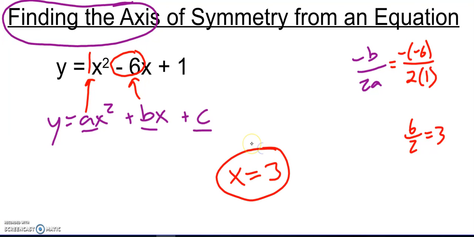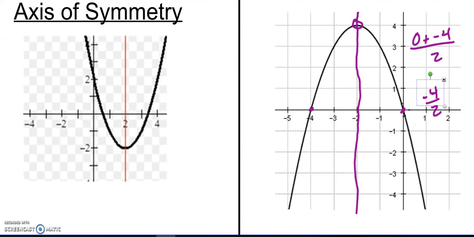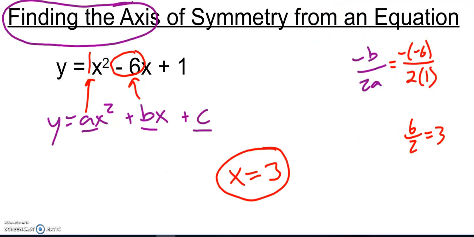And this is where I should go back real quick and just remember, when we have a vertical line, the axis of symmetry of this one was at -2, and it is the x equals -2 line. So anytime you're asked to find the axis of symmetry, it's actually an equation. It's the x equals -2 line, or in our instance here, the x equals 3 line. It's just a vertical line that goes through 3.